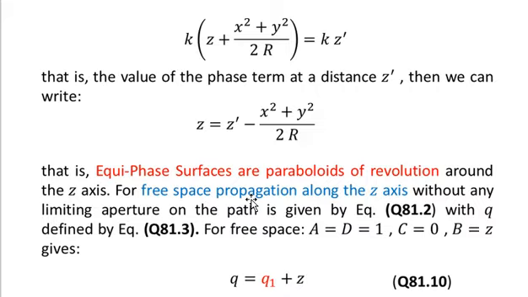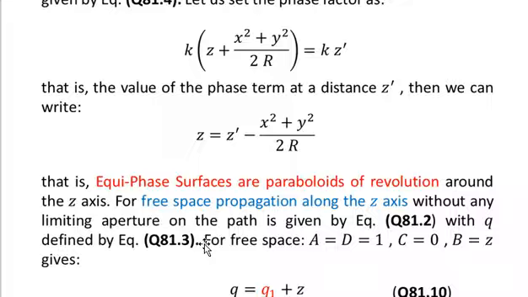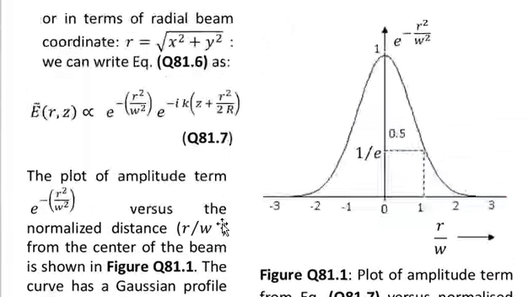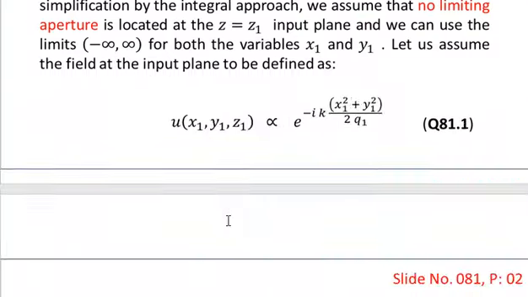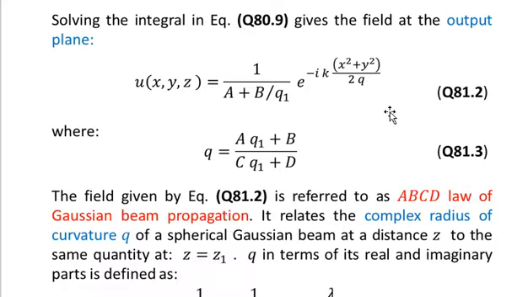Free space propagation along the z-axis without any limiting aperture on the path is given by equation number 2, with q defined in equation number 3. So let me show you equation number 2 and equation number 3. This is equation number 2 and this is equation number 3.